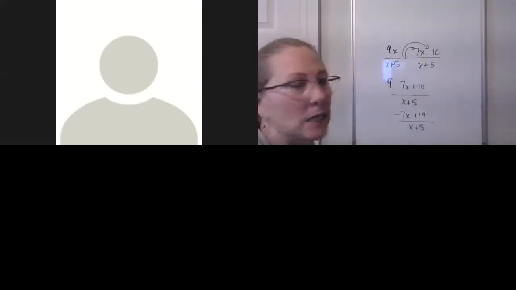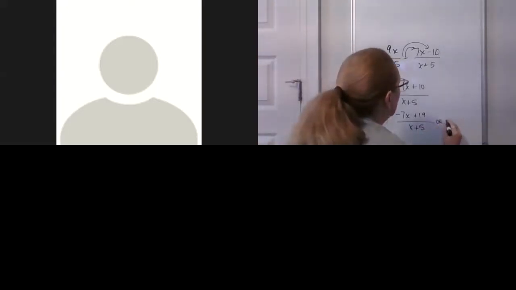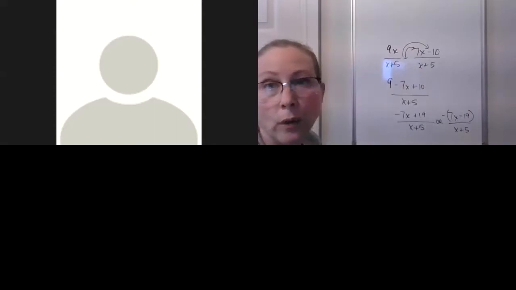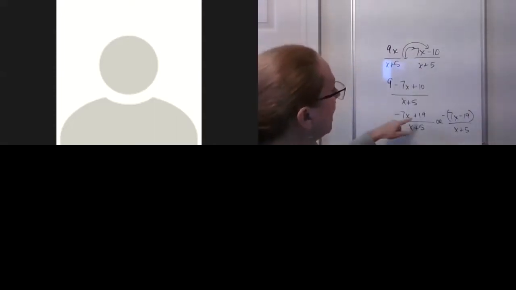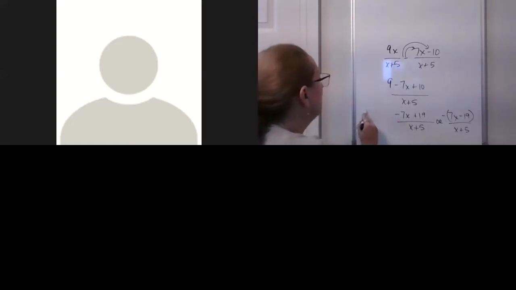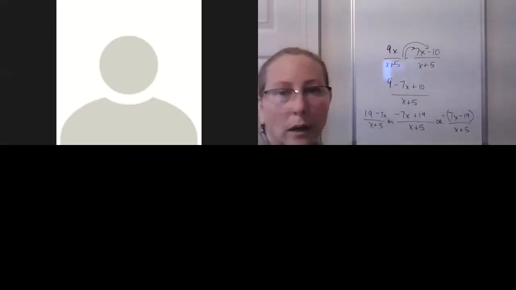And it shouldn't be any issue, this or negative 7x minus 19 over x plus 5. These are equivalent. So it wouldn't be an issue if you happen to put 19 minus 7x over x plus 5, that should also work.